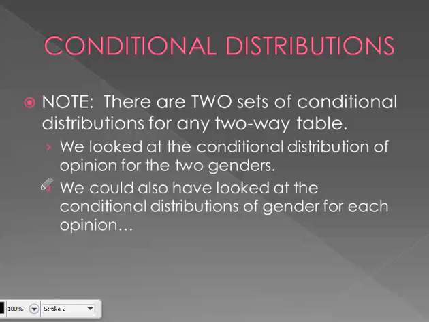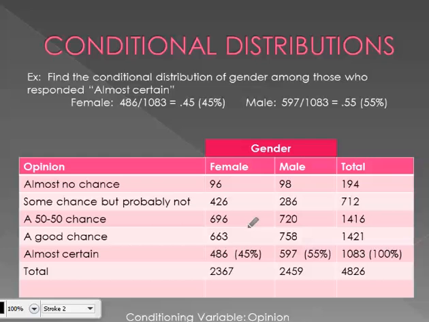We could also have looked at the conditional distributions of genders for each opinion. What are you saying, Mr. Green? Well, I could have taken this 486 and divided it by 1083. Right?